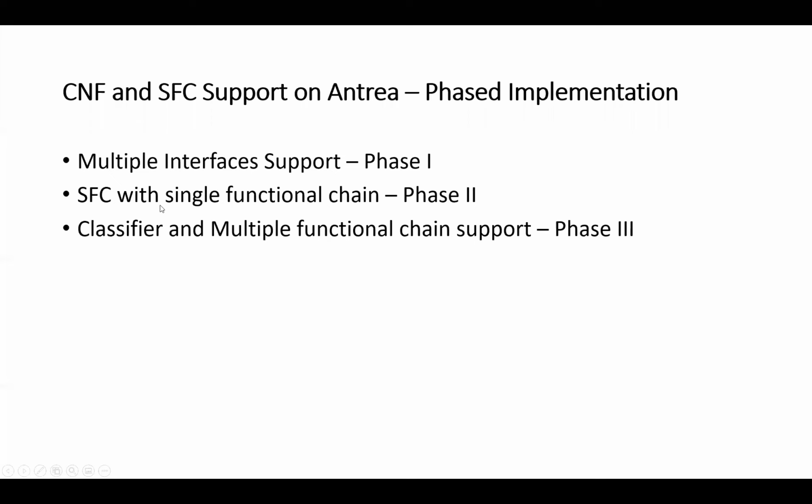A few weeks back, Antonio and Zhejiang asked how we are going to support multiple service function chains, for example if a specific flow wants to go through a specific chain. Currently, as per phase 2, it will support only a single SFC, which means any packet going out of a specific pod from your left network is going to go through a single defined SFC.